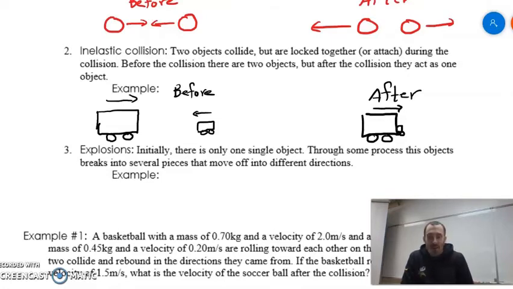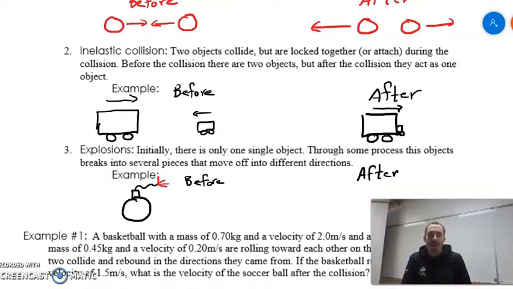And the final one is explosions. So we're going to start off with your classic cartoon bomb. Oh, we need proper sparks here. Okay, so this is before. Now this, you can't really call it a collision, right? It's an explosion.